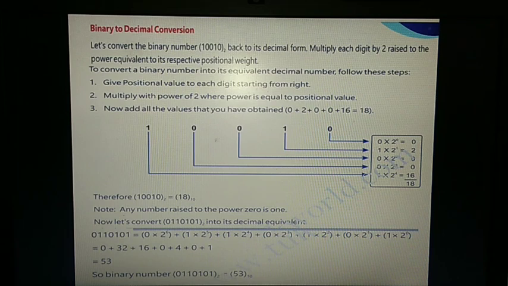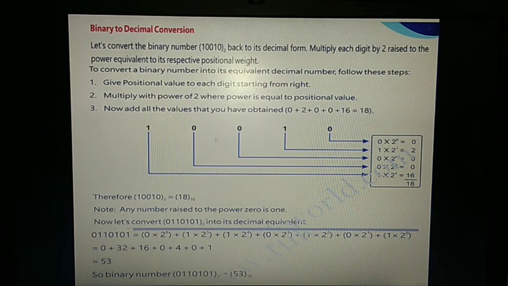To convert a binary number into its equivalent decimal number, follow these steps. Give a positional value to each digit starting from the right, that is 0, 1, 2, 3 and so on.